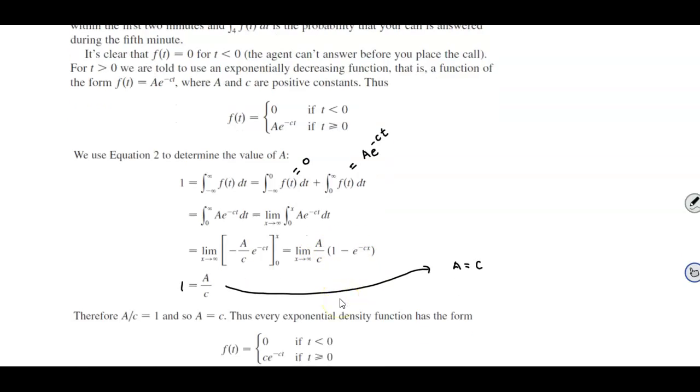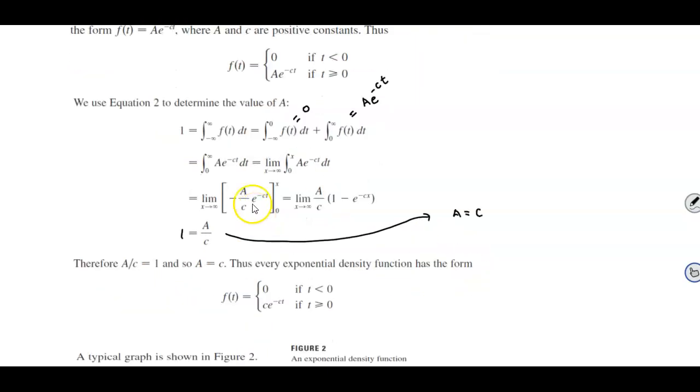And that ends up equaling a over c. This entire thing is equal to 1 from the beginning of our problem. So a divided by c equals 1, and so a is equal to c.